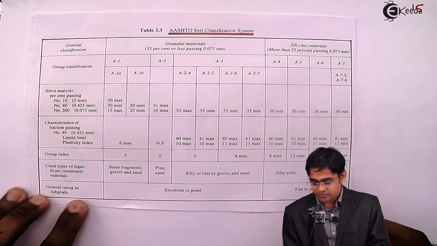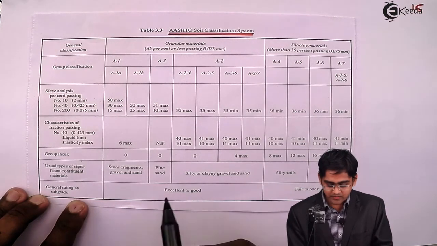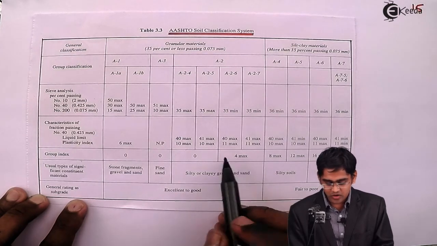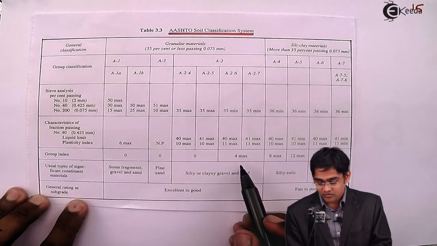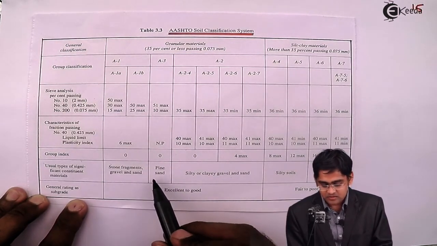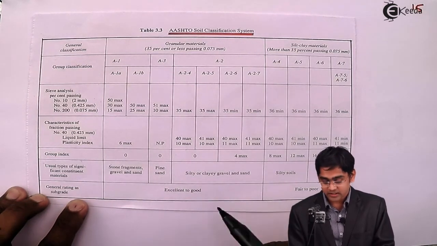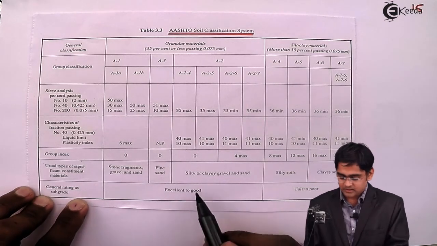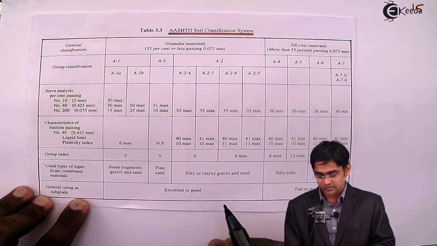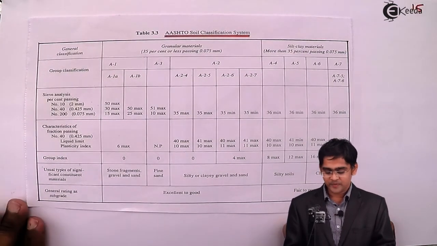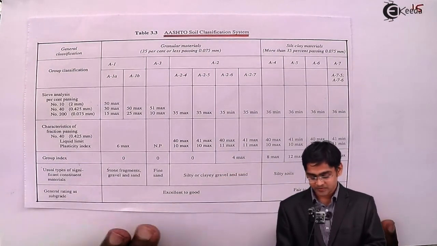So you cannot use the soil as subgrade. But vice versa, if you have a good group index, close to 4 or less than 4, then it is sand, stone fragments, gravel, and it is rated between excellent to good. So as an engineer, you must have a group index value of less than 4.